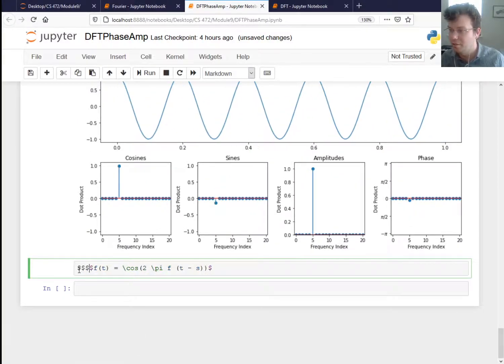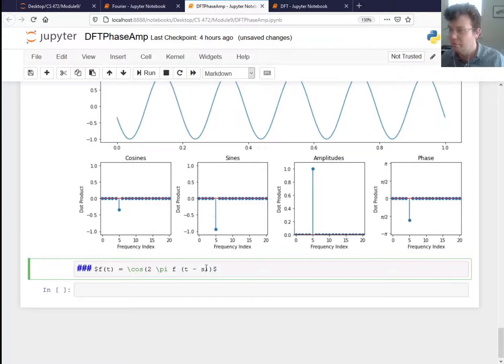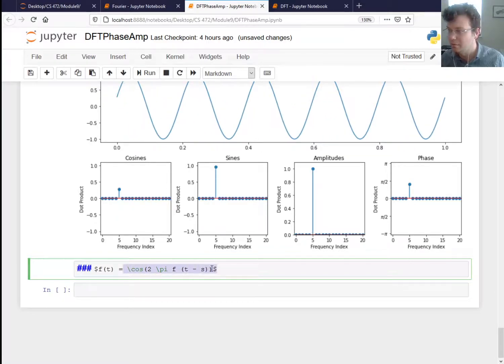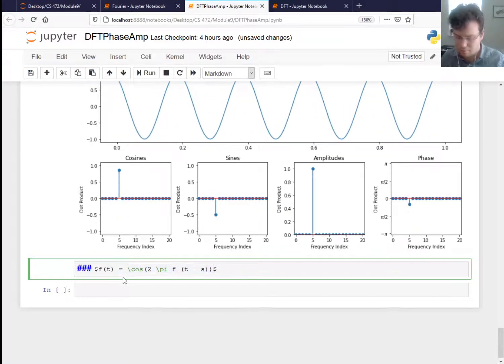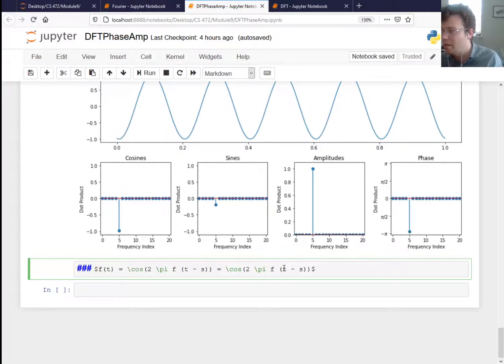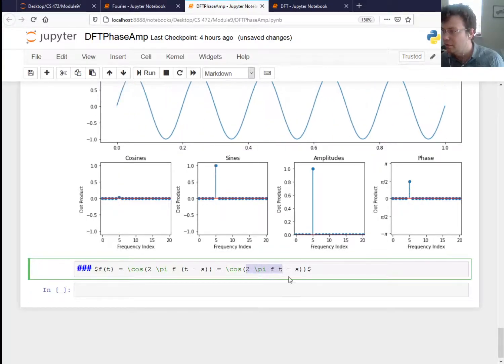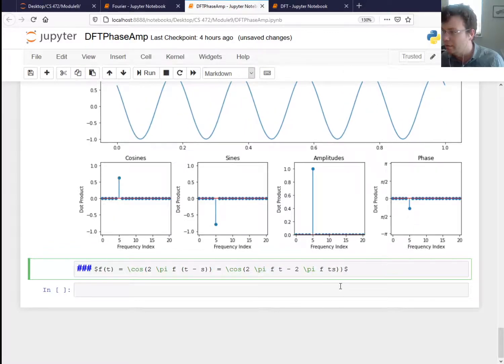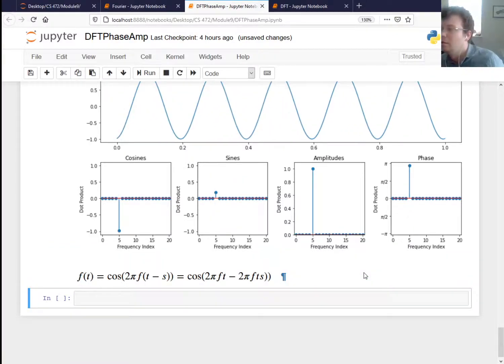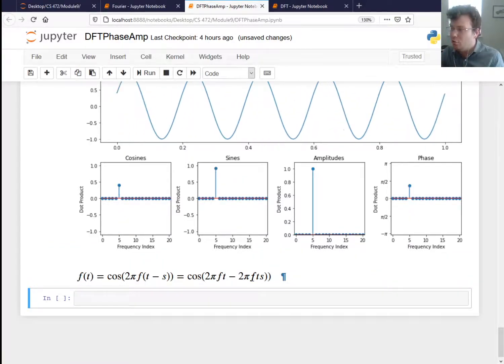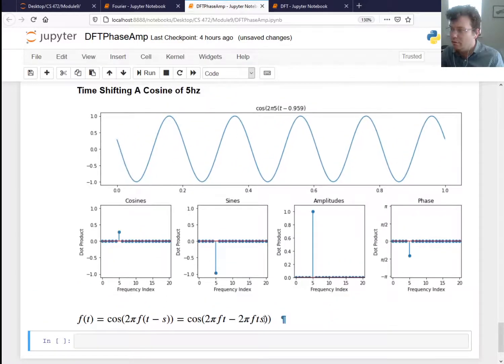But to get a phase out of that, remember I expand this, and I say, well, that's actually 2 pi ft, and then the phase is actually minus 2 pi f s. So if f is larger, the phase is going to change more quickly for the same shift.